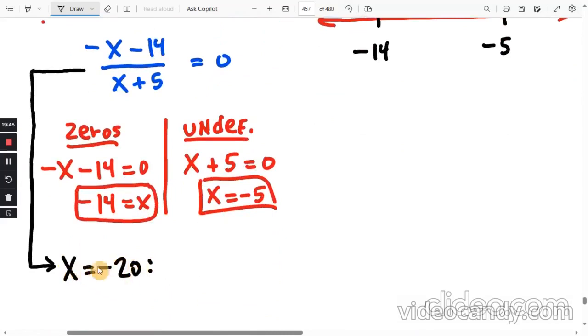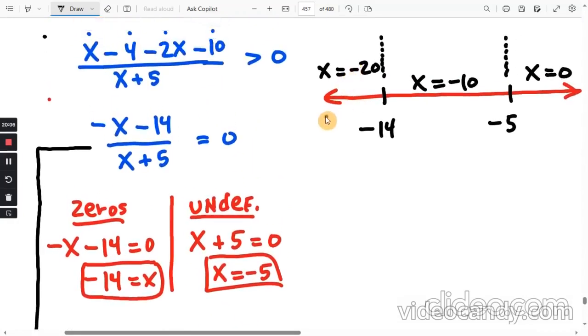You can also write f of negative 20, same thing. If we put negative 20 in here, that would be the negative of negative 20, that's positive 20. Minus 14, that's positive 6. Negative 20 plus 5 is negative. Positive over negative is negative. So in this section, that's negative.